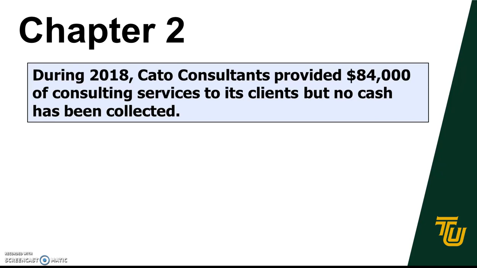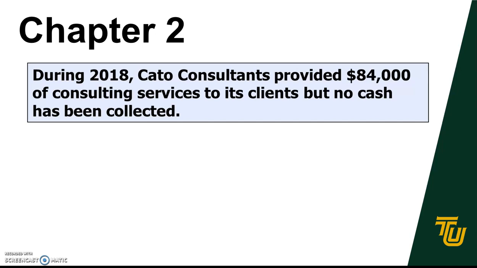But we provided consulting services. So we did the work to earn something, but we haven't been paid. Do we have revenue? We do have revenue. We've provided the services. We've earned that $84,000 even though cash hasn't been collected.